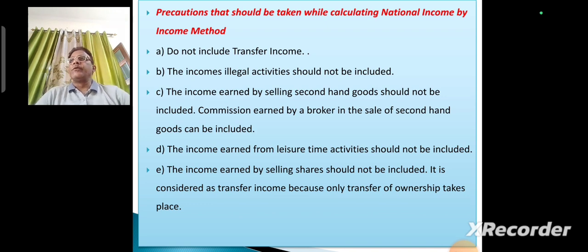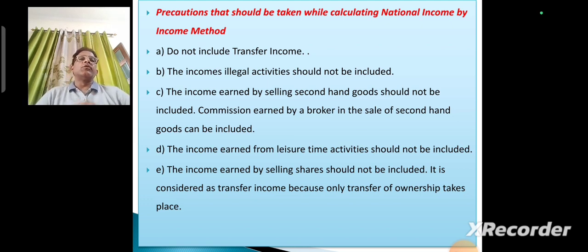To be eligible for that pension, one has actually worked. So you cannot say this is a unilateral income, this is bilateral. That is why he has become eligible for that pension. So remember, plain pension is to be taken up in the calculation, and old age pension and widow pension are not to be considered.